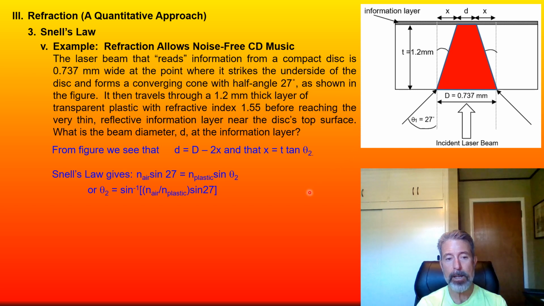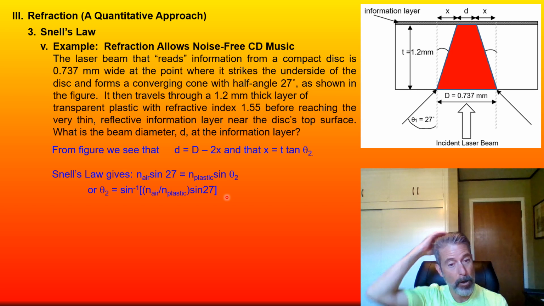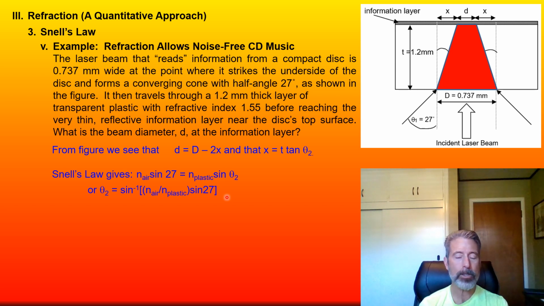When we plug in our numbers, theta 2 is equal to the inverse sine of this expression, whose values are known. Air has an index of refraction, recall, of about 1.0003. We're told the index of refraction of plastic is 1.55. We do the number crunching, and this gives us the value for theta 2.